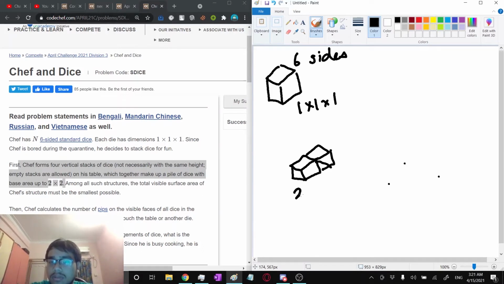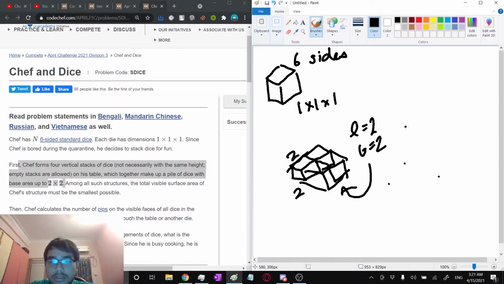This is 2, and this is 2. This is the base area. So the length is 2 and the breadth is 2 of the base area.